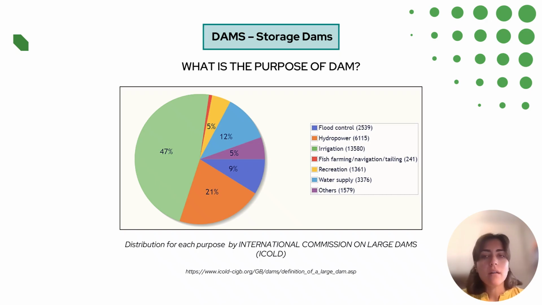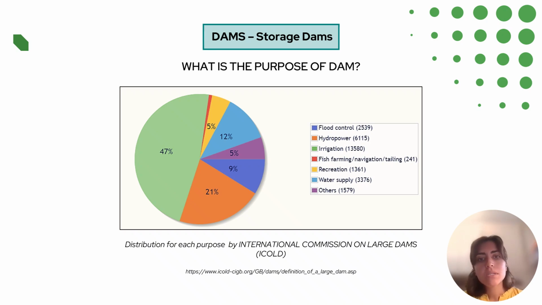This underlines the crucial role of dams in supporting agriculture and food security, especially in regions where rainfall is not reliable. The second major purpose is hydropower, with about 21%, highlighting how dams are a cornerstone of renewable energy production.